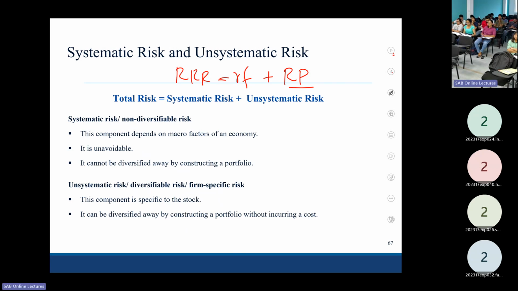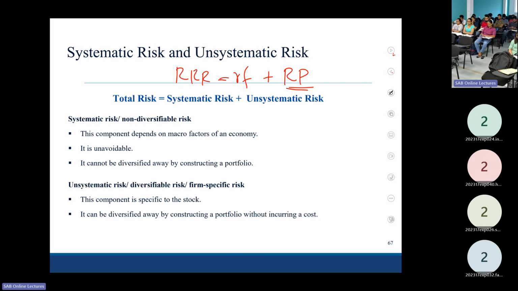If you can construct a well diversified portfolio, theoretically you can minimize risk up to 0. If so, as a rational investor, why a risk premium? No need to give the risk premium. By constructing a portfolio, you can reduce this risk up to 0.